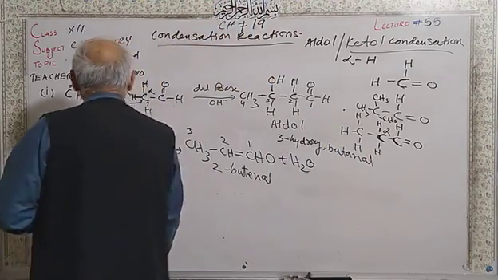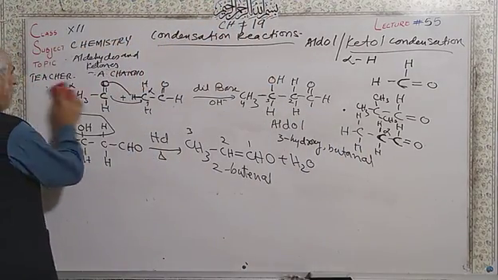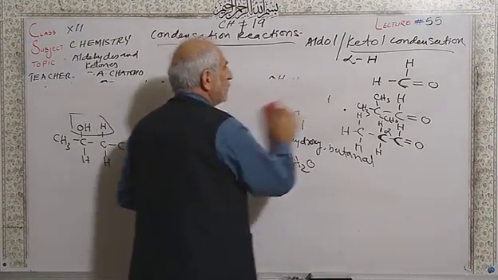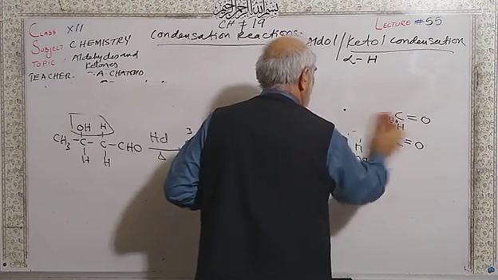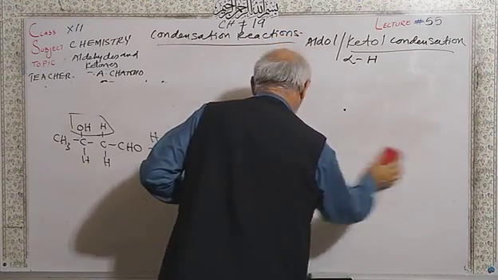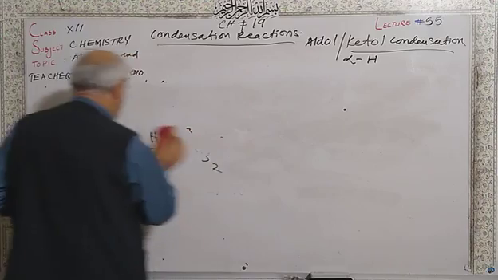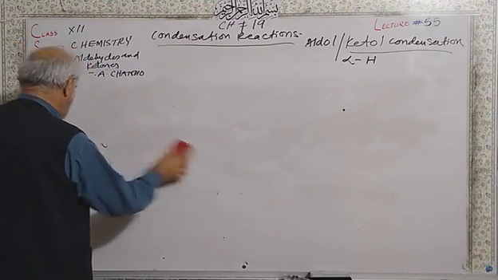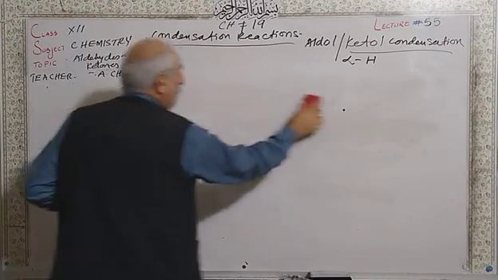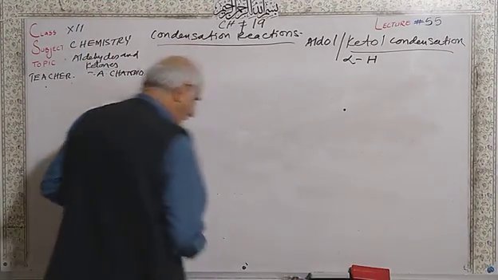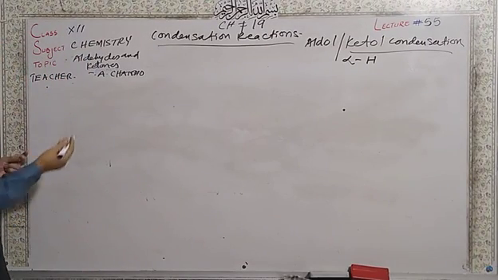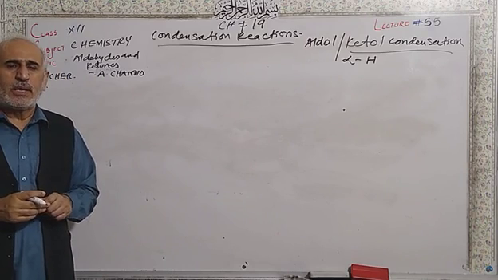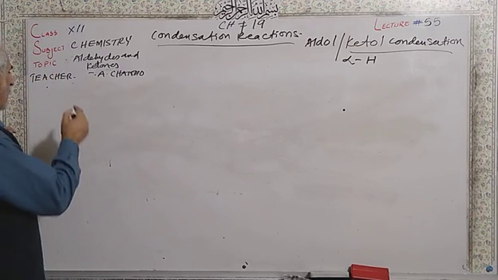So one reaction I am going to give you is between two ketones. And these two ketones may be similar, may be different. Suppose I am going to do the condensation between two different ketones.